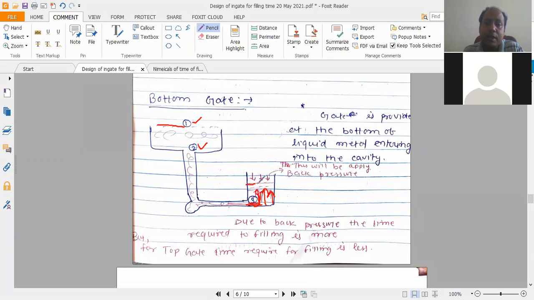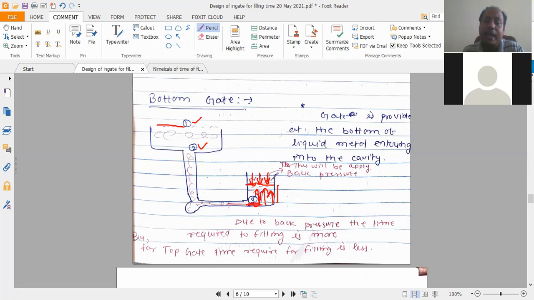If the mold is filled up to this point, then back pressure will be applied to the molten metal, because some portion will be filled and then the head will be developed.